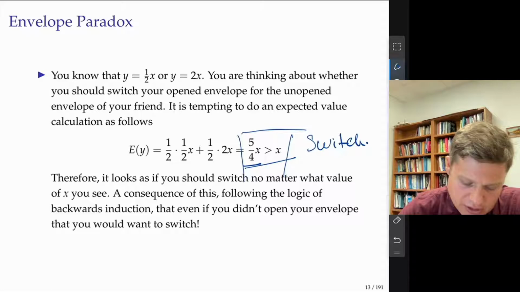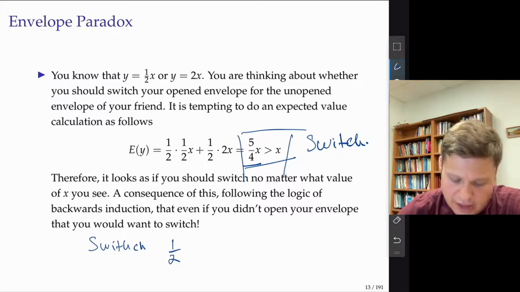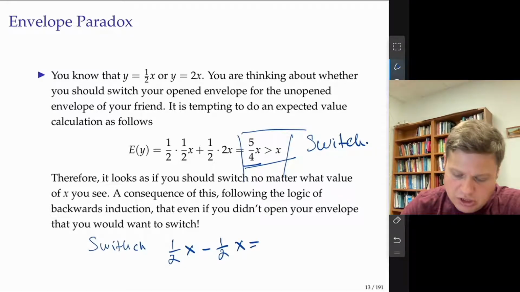So you can think about it this way. If you switch, there is a half probability that you gain X, and there is a 50% chance that you lose X, so minus 1/2 times X. So what you basically get is that your expected gain from the switch is 0.